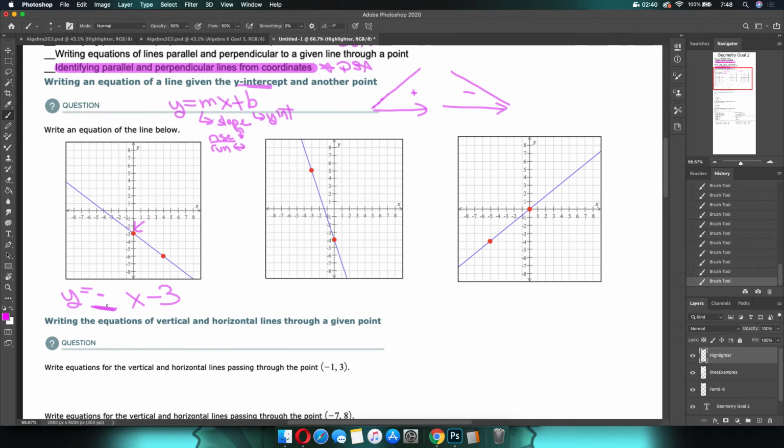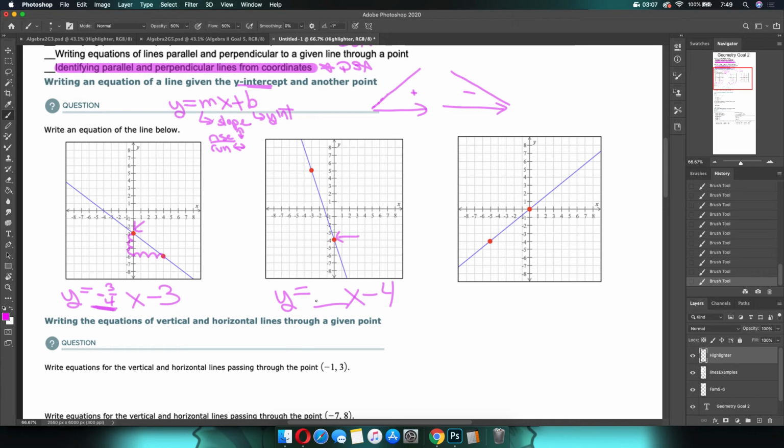Now, the last question is, what's my rise? 1, 2, 3. I'm going down 3 over 1, 2, 3, 4. And there's my equation, simple as that. If we're looking at this one, similarly, y equals something x. What's our y-intercept? -4. And now what is our slope? This looks a little bit more complicated. What's our rise?